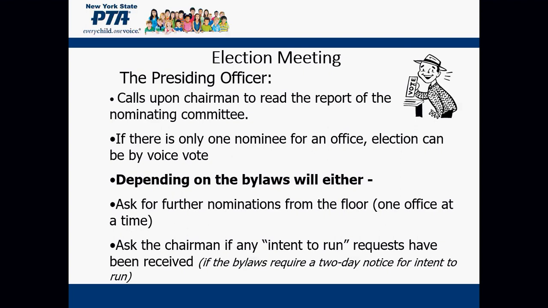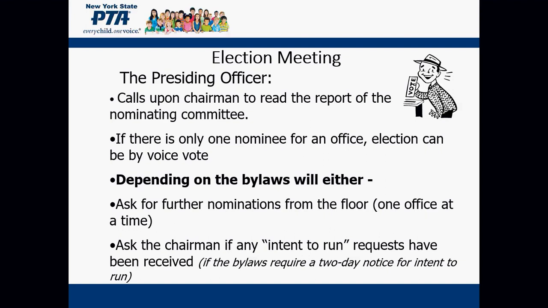So for president, the nomination is Joe Smith. Now it may be one of two things. If your bylaws do not call for a 2-day notice, then the president would say, are there any further nominations from the floor? At that time, someone could get up and say, I plan on running for president. That's only if your bylaws allow that.